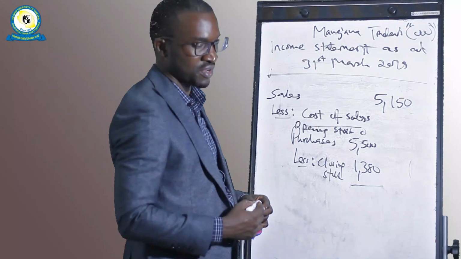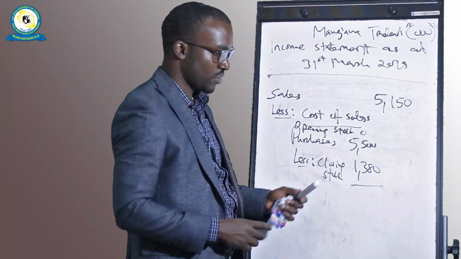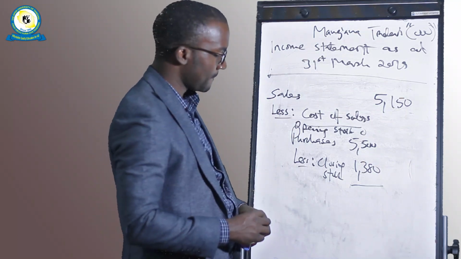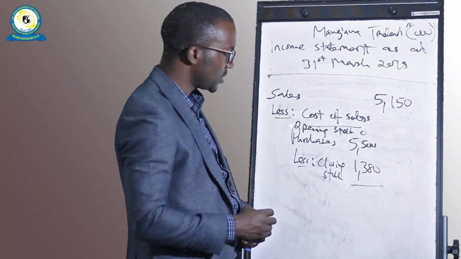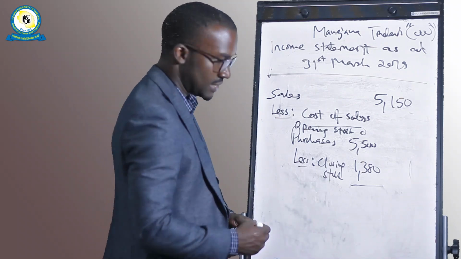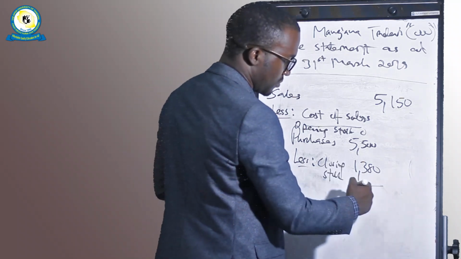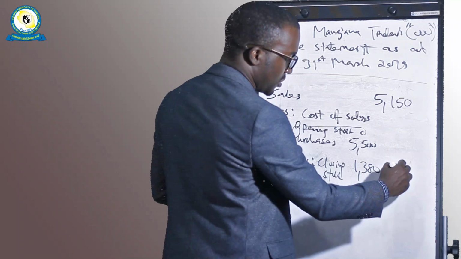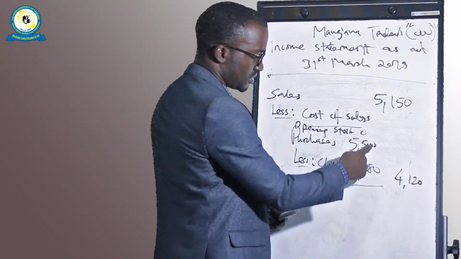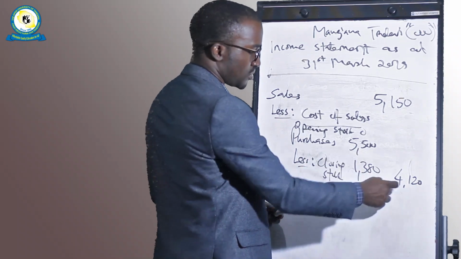If you less 1,380 from 5,500, you are going to get a figure there, which is 4,120.